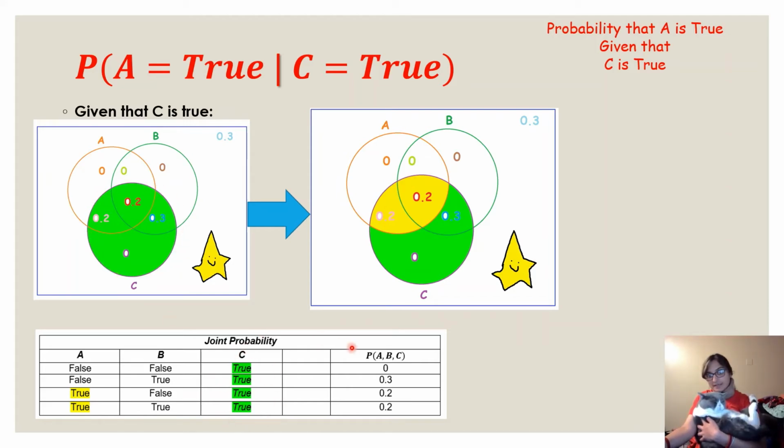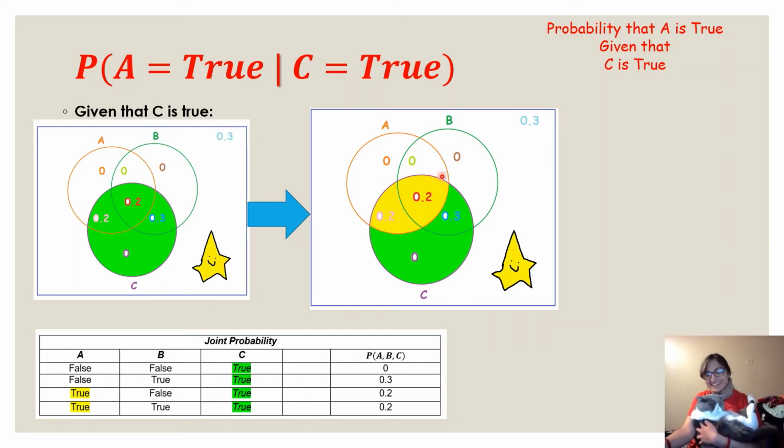And the sum is 0 plus 0.3 plus 0.2 plus 0.2. So this is just a 0.7 probability, a 70% chance that C is true. So what is the probability that out of this, if we're here, A is also true? Then we look at the intersection between A and C, pun intended.